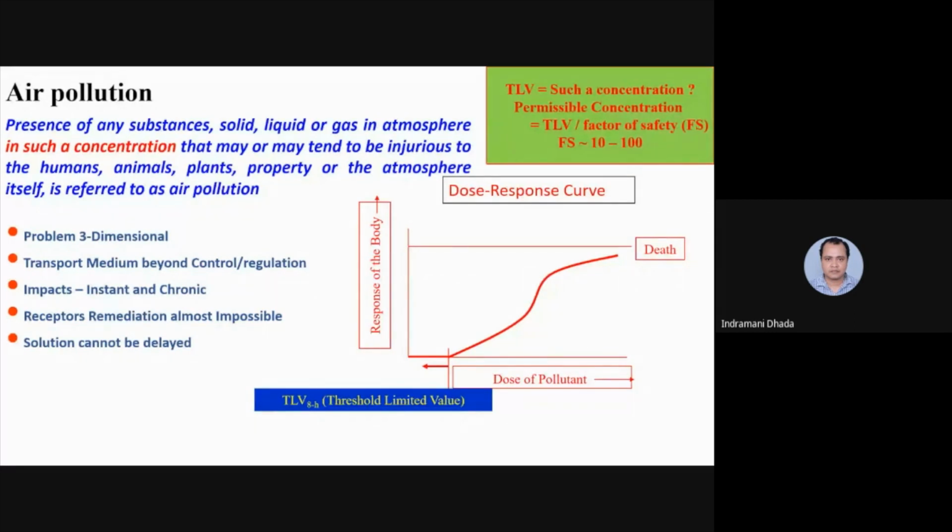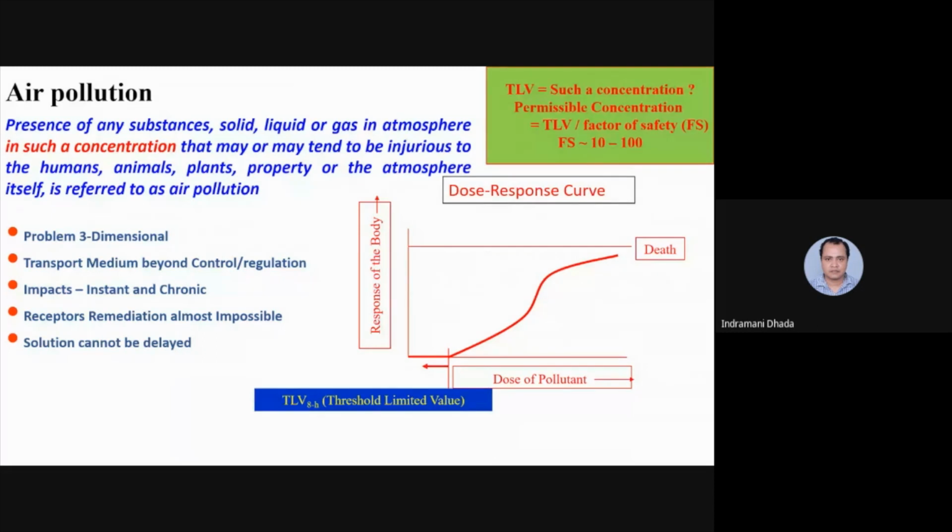Some particulate matter will collide with the leaf of the plants and drop down there. So the pollution can be controlled in the medium. And at the receptor level we can put on a mask or other personal protective devices, which will control those pollutions. Okay. But controlling in the medium and at the receptor is very difficult in case of air pollutants.